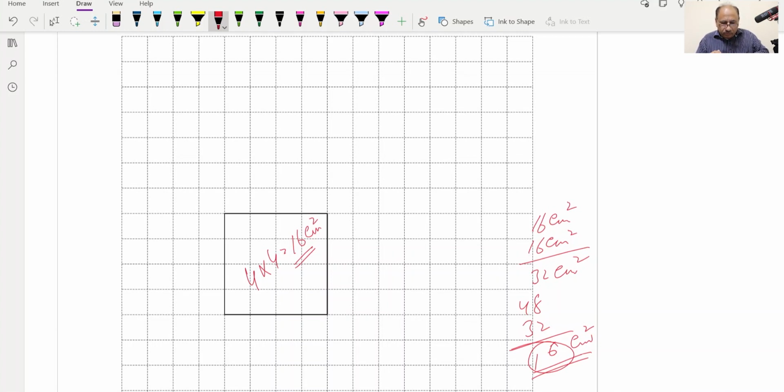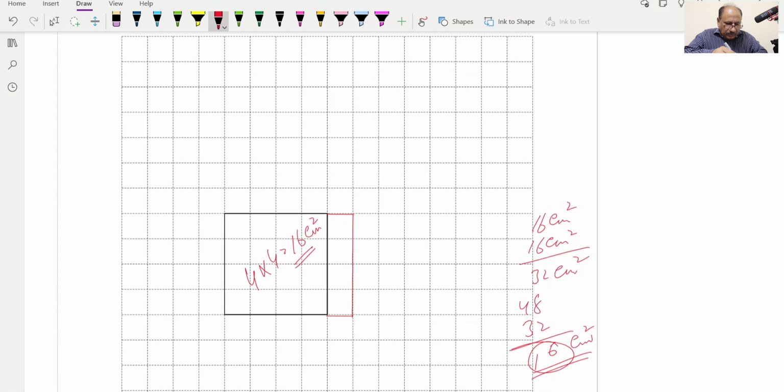So we have to take 4 centimeter square on each side. For each side, for example, we can draw 1 centimeter on this side and 1 centimeter on this side.